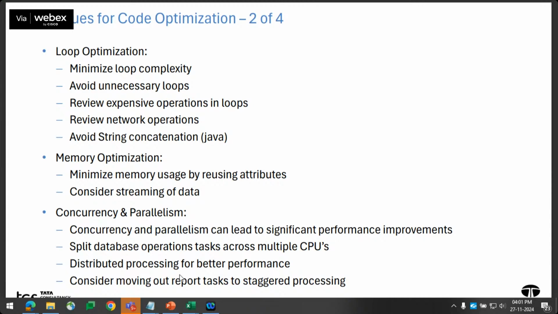Then there are some heavy reports. Say someone wants to look at the last one year of data from your application. We should not allow that into the main application. Probably we can move that out into a separate processing.